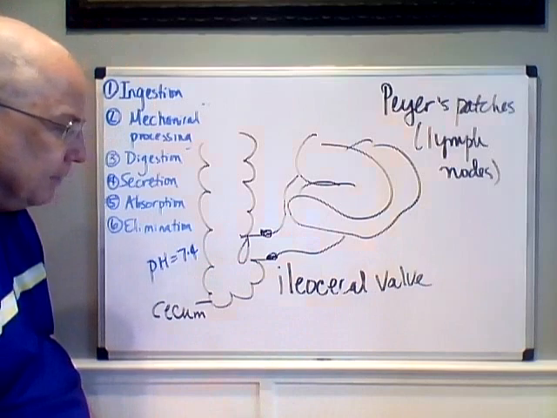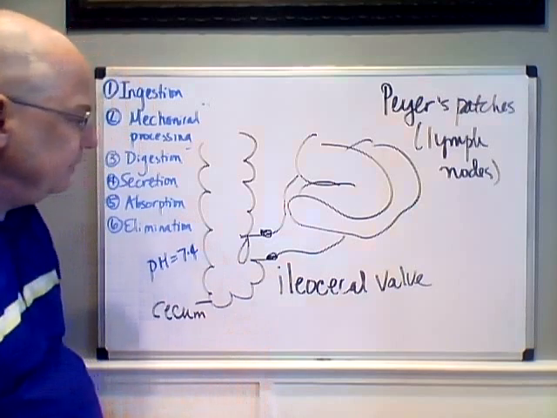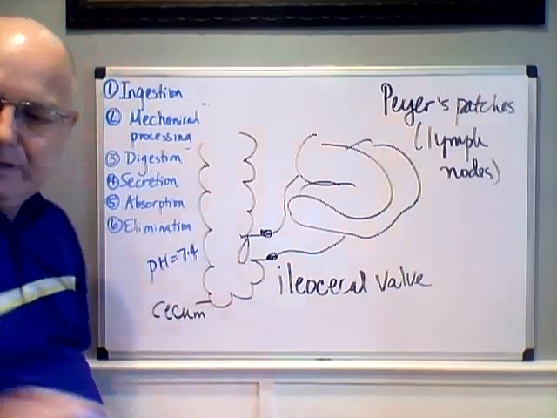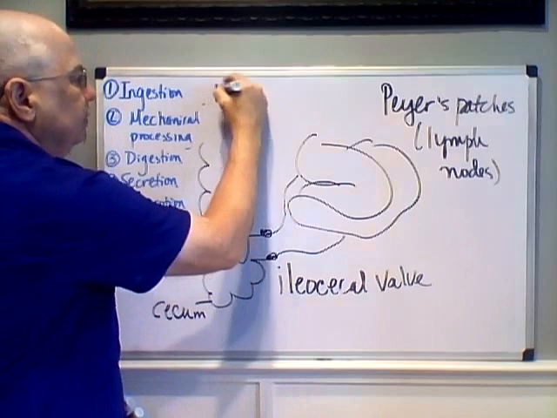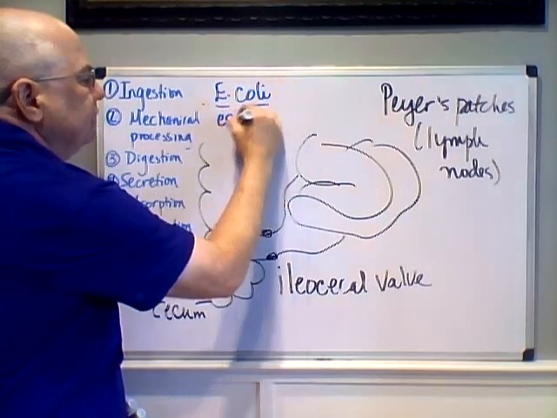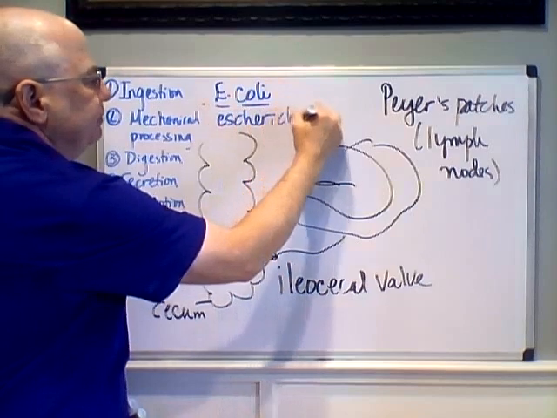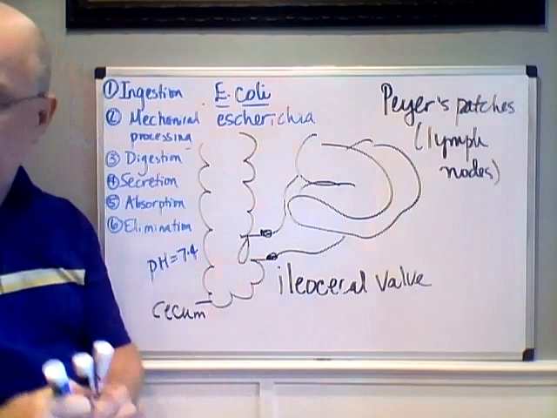Now, one of the things that's unique about the large intestine, the colon itself, is it's very rich in bacteria. As a matter of fact, one of these bacteria I know all of y'all have heard of, called E. coli. The E stands for Escherichia, but nobody can say or spell Escherichia, so everyone says E. coli.